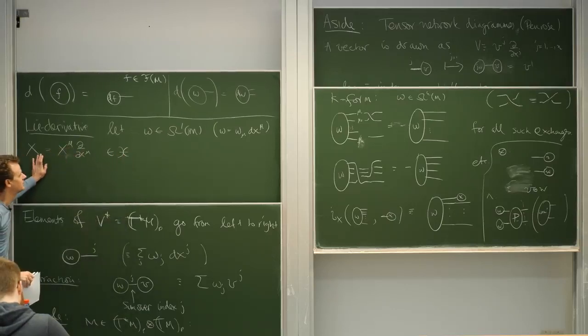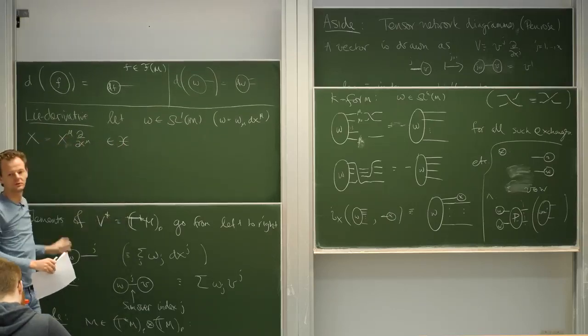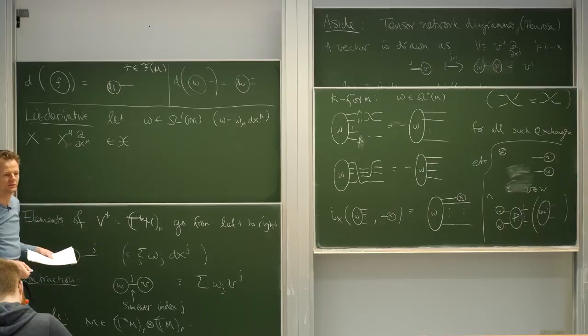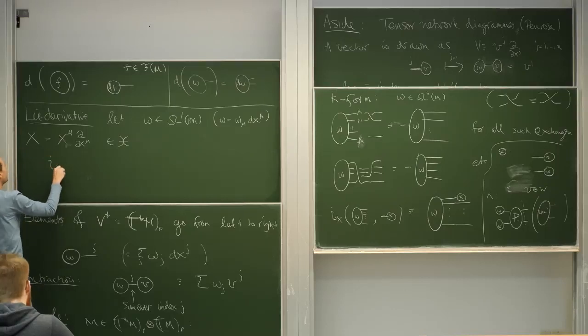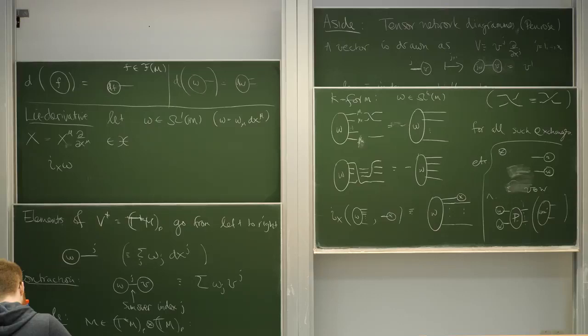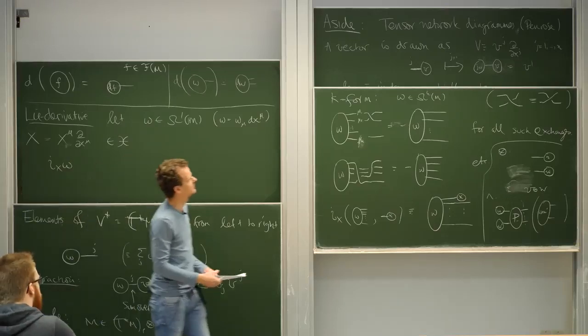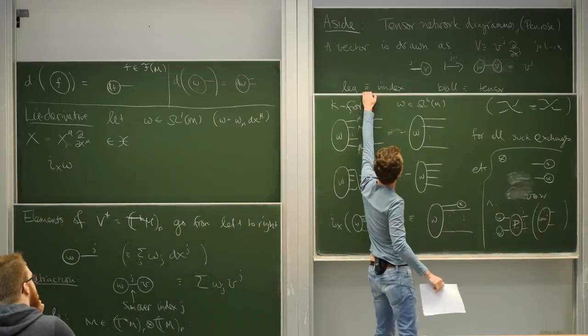Now, let's do some calculations with interior products and exterior derivatives. So the interior product of x with omega, if we look at the diagrams here, we can already see that's going to be something simple.